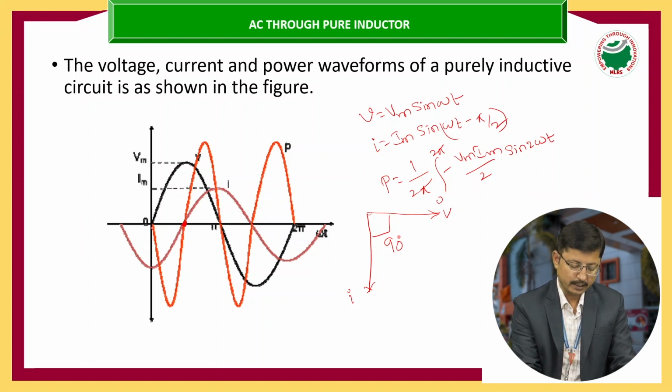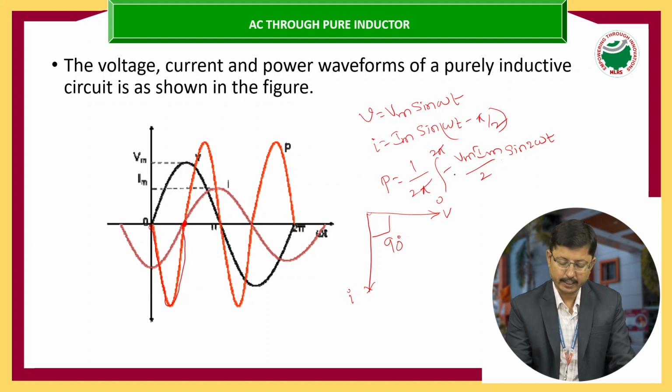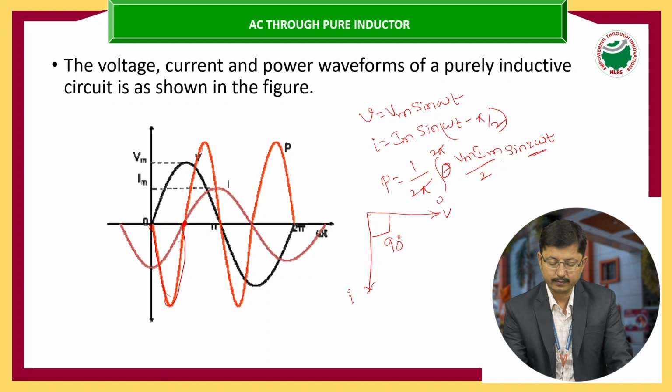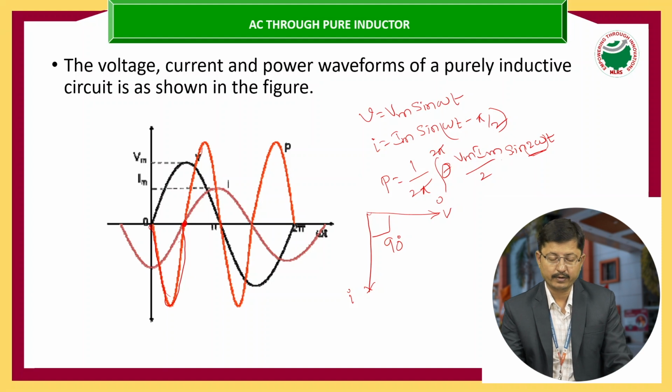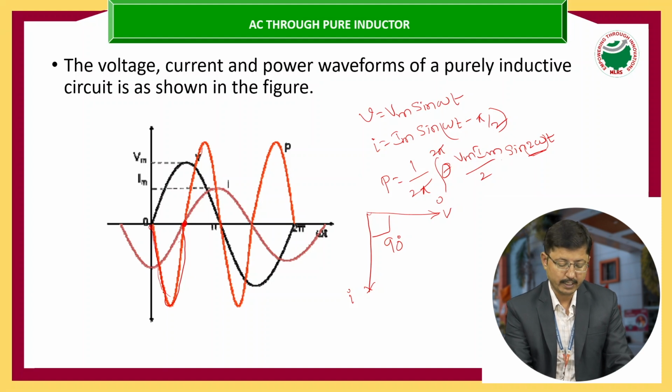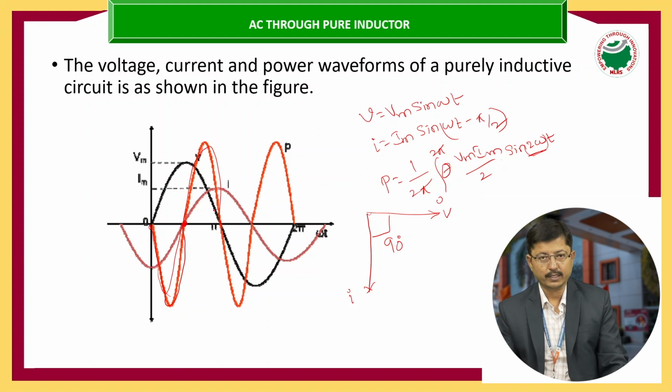There is a negative sign because the power starts in the negative direction. Over a half cycle it completes 2 cycles, which means the power is fluctuating in nature, because of the 2 times omega, 2 times the angular frequency.